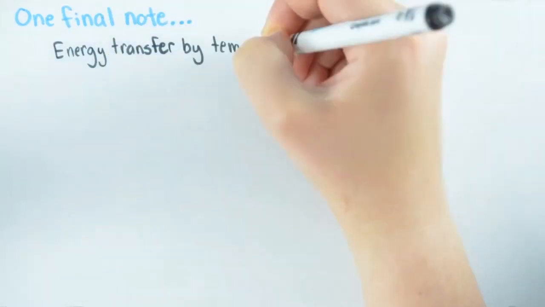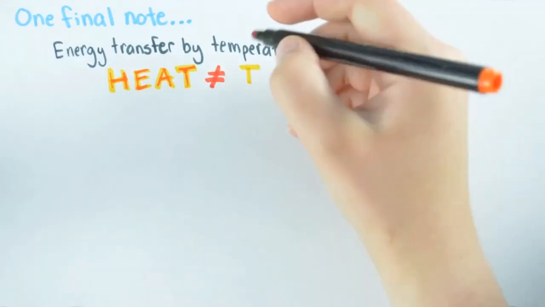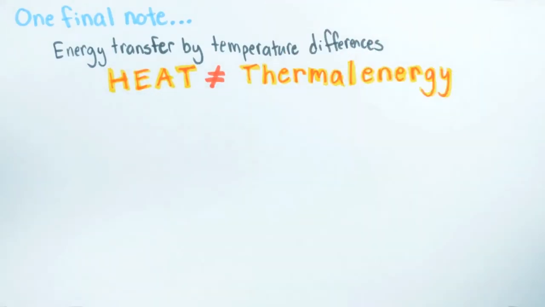We will end this lecture with one final note. Energy transfer by temperature differences is also properly referred to as heat. We need to be careful here as the word heat in everyday usage is often used, in a scientifically incorrect way, to mean thermal energy.